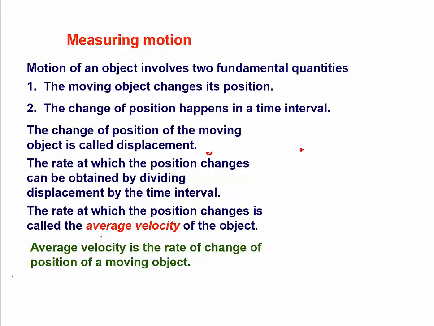And therefore, average velocity or velocity of a moving object has a direction, whereas speed does not specify any direction. If you divide distance covered by the time, you get the speed. Speed doesn't talk about any direction.